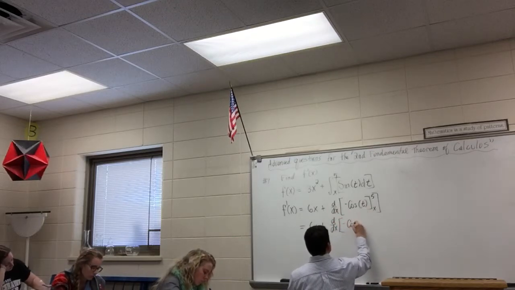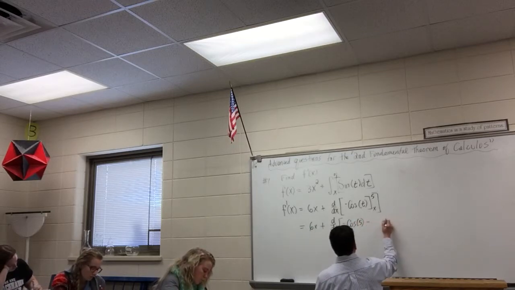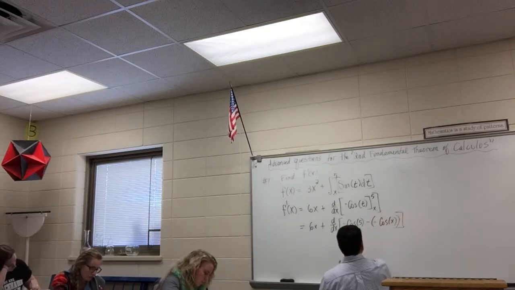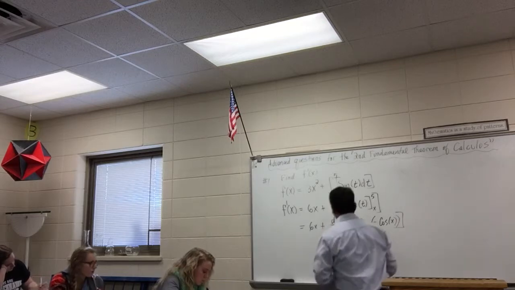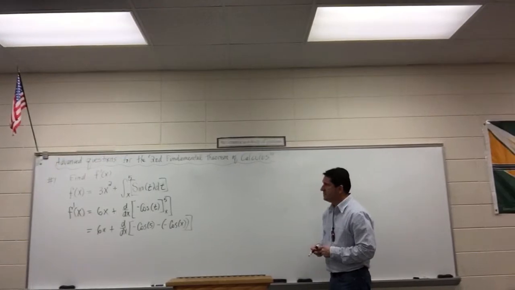It's negative cosine of 5 minus the negative cosine of x. I just did f of b minus f of a, that's all.